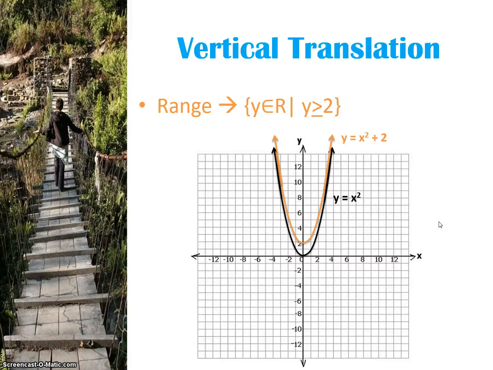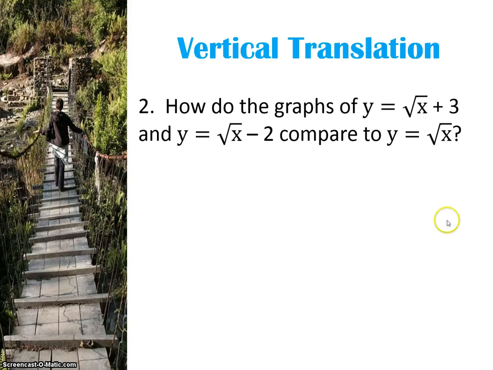Let's start applying these translations to new kinds of graphs. If we have a base graph of y equals root x, and we add a number or subtract a number, it's going to do the exact same thing that it's always done. It's going to move the graph up and down. So if we use the step pattern for the root graph, it is over 1 up 1, over 3 up 1, and then over 5 and up 1.